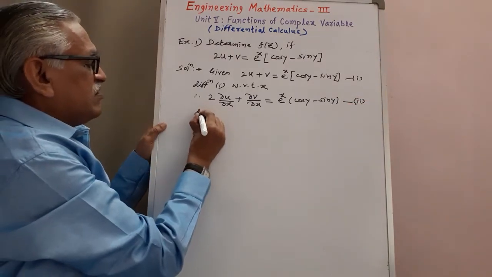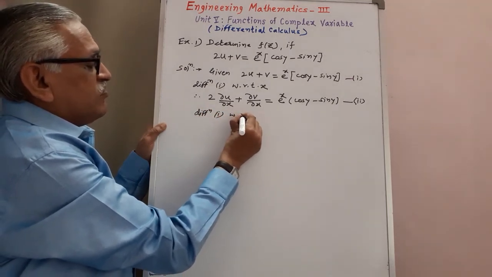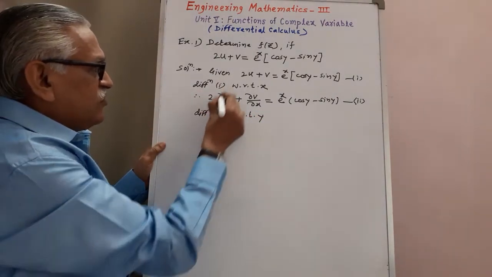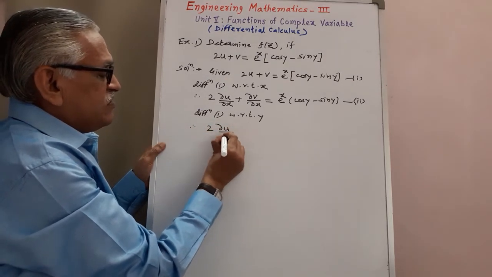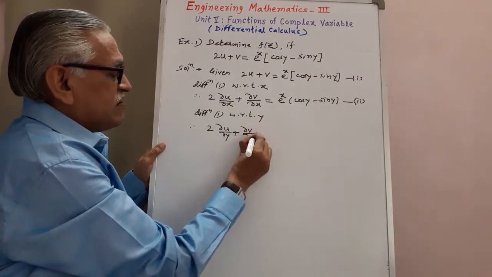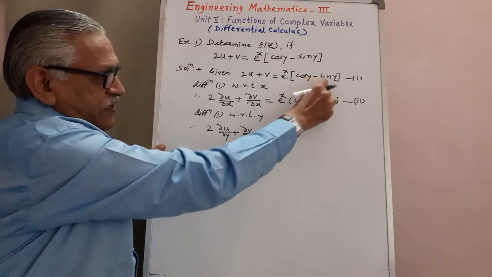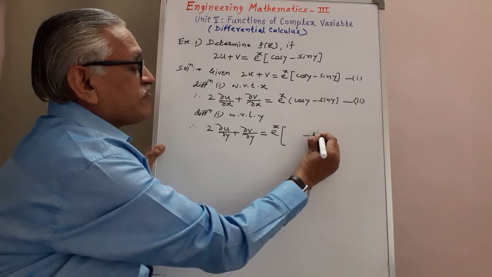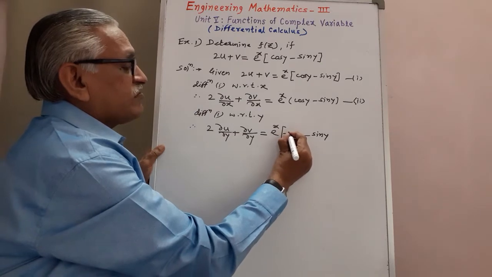Then differentiating 1 with respect to y, this time we keep x as constant, and therefore we get 2 times dou u by dou y plus dou v by dou y is equals to e raised to x is constant term outside, derivative of these two terms with respect to y, derivative of cos is minus sin y, and derivative of sin y is minus cos y.